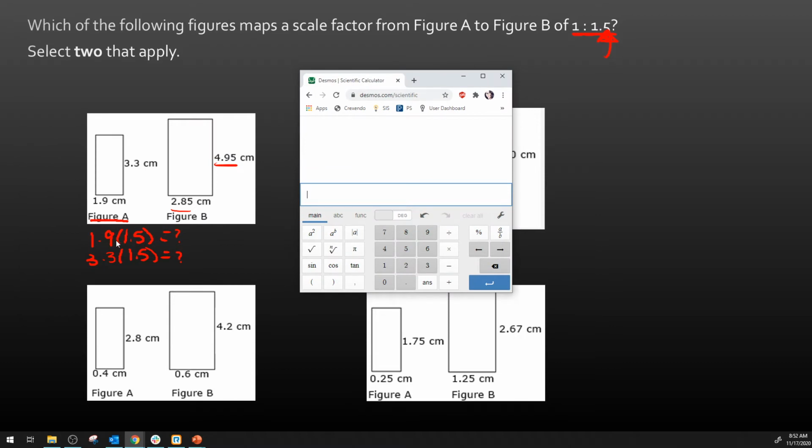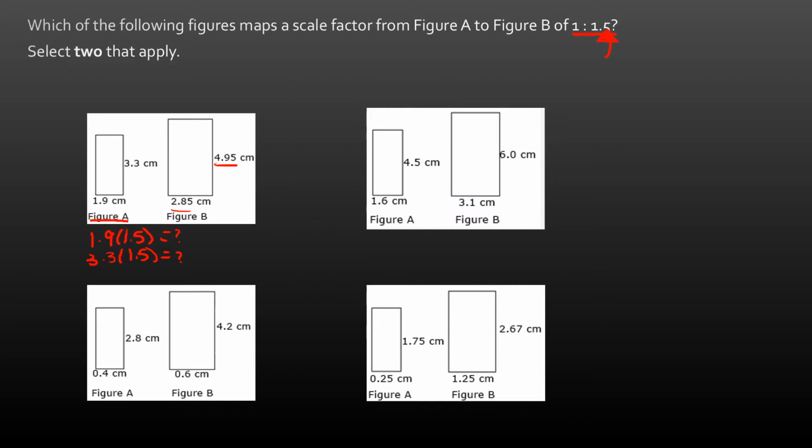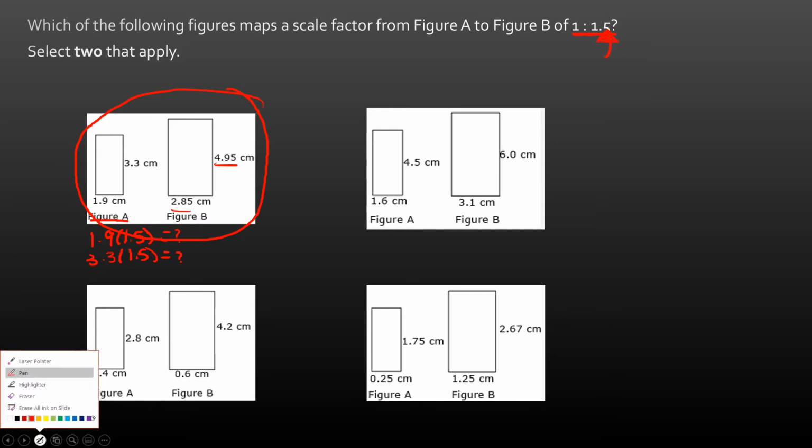I'm going to do 1.9 times 1.5. And see here, I get 2.85. That's good. And then let's check that last one, 3.3 times 1.5. And I get 4.95, which is this side here. Perfect. So this one is a correct answer. This figure would count. Let's check our next one.